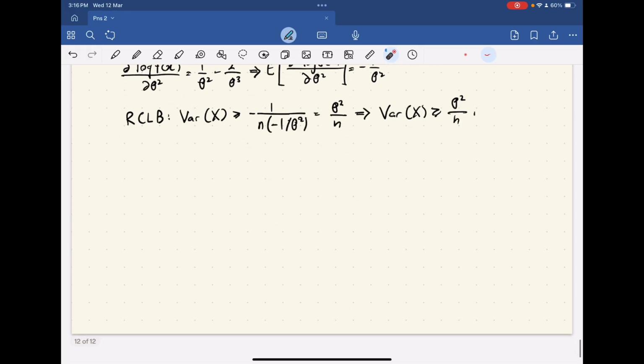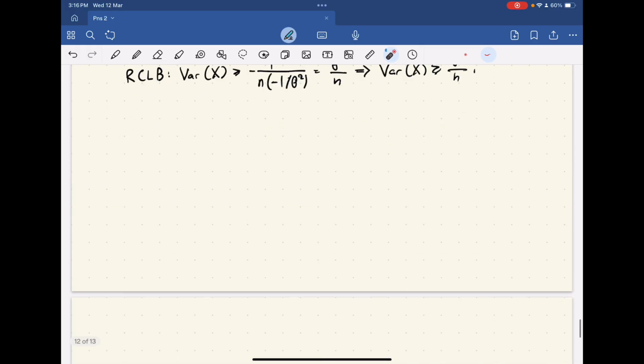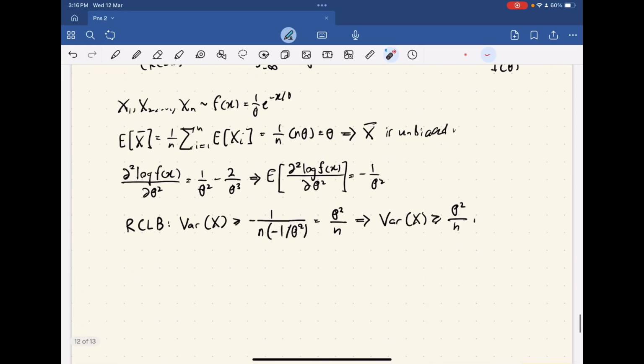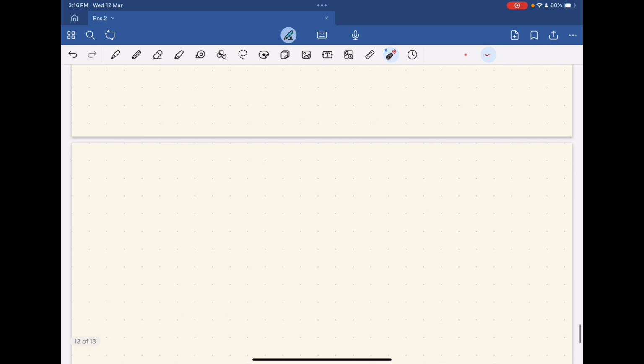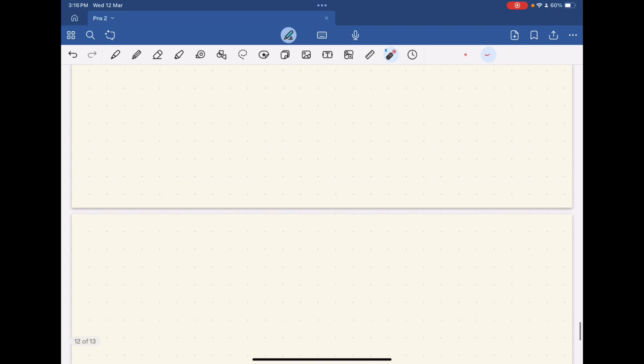Right. So that's about the Rao-Cramer lower bound. I think we can proceed with another example.